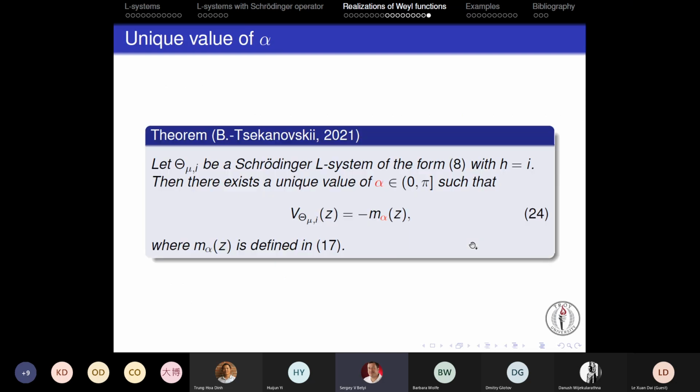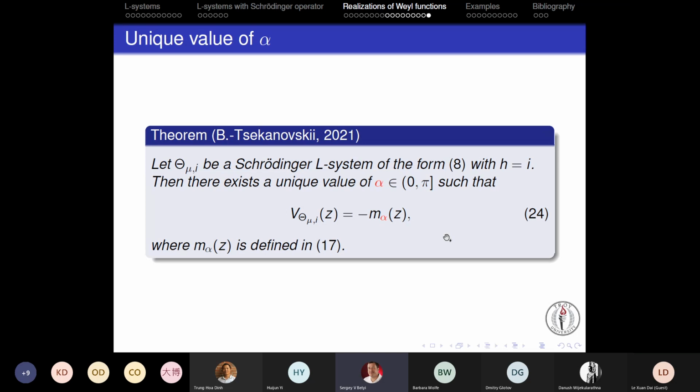All right, now all this leads to what we call the uniqueness theorem, which tells us that there is an exhaustion property. So if we take a Schrodinger system with second parameter I, and mu could be anything, any real number, infinity included, then there is a unique value of alpha such that the impedance function of such a system matches negative M alpha.